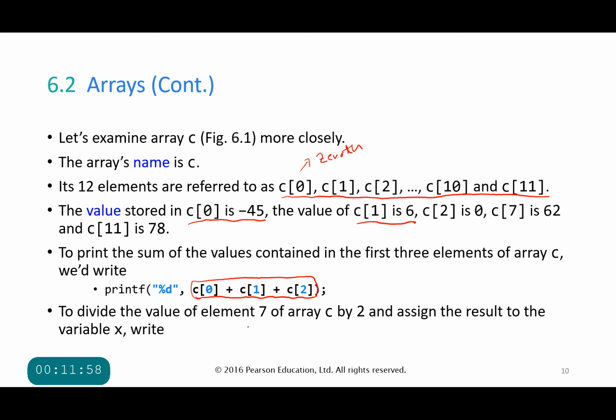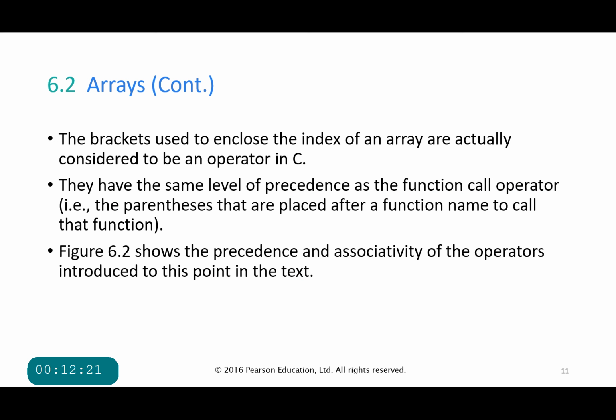Similarly, if you want to divide the value of element 7 of array C by 2 and assign the result to a variable x, you can do so by writing x = C[7] / 2, assuming that the variable x has already been defined.